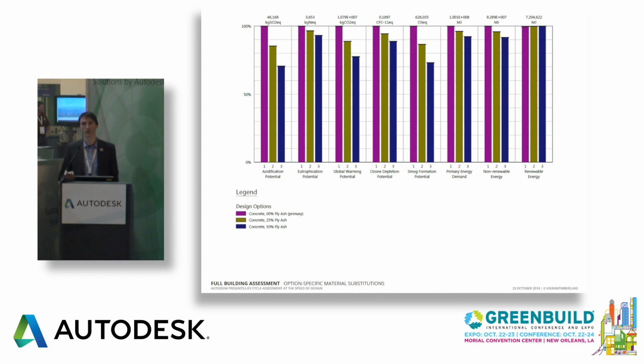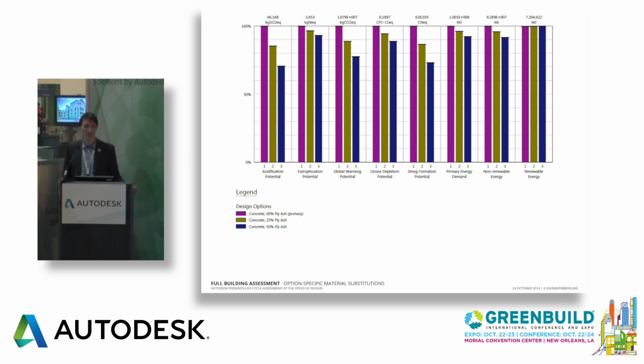And the results were actually quite favorable in this case. We found that a 25% substitution, that option that you see in the middle, would actually give us 10, in some cases 15% impact reduction across several impact categories. So this is obviously a substitution that we could have investigated at day one in design, just like in the insulation study.